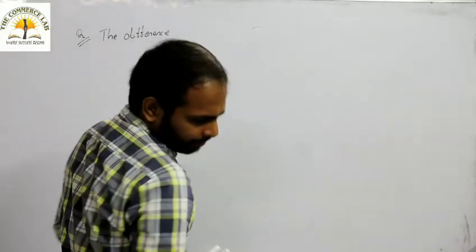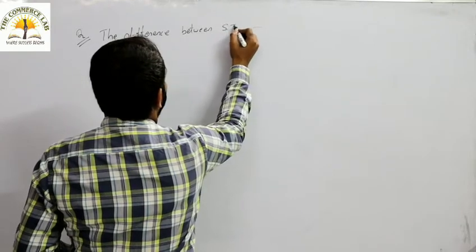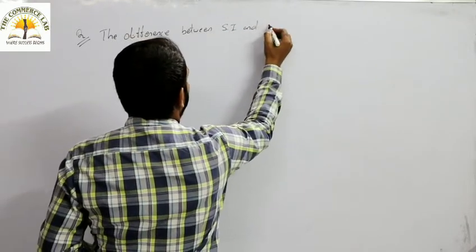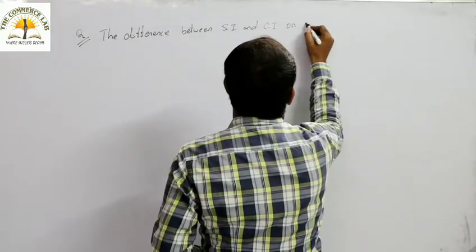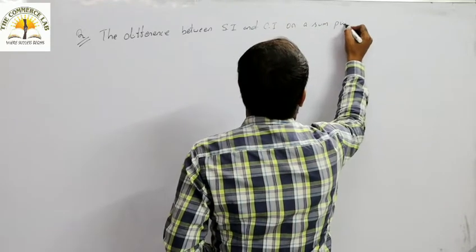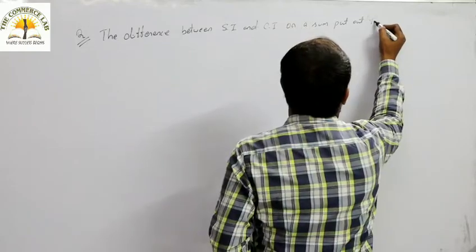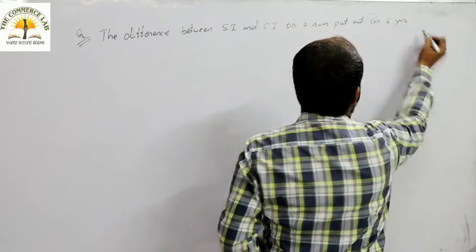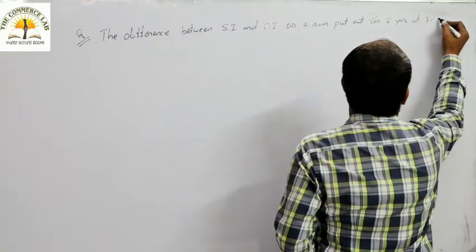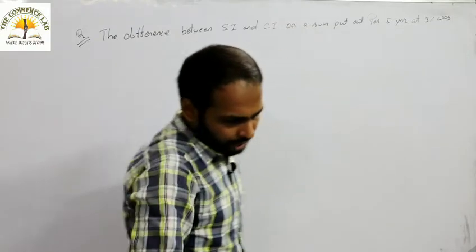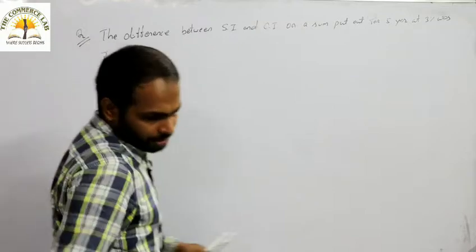The difference between SI and CI on a sum put out for 5 years at 3% was 46.80 rupees.